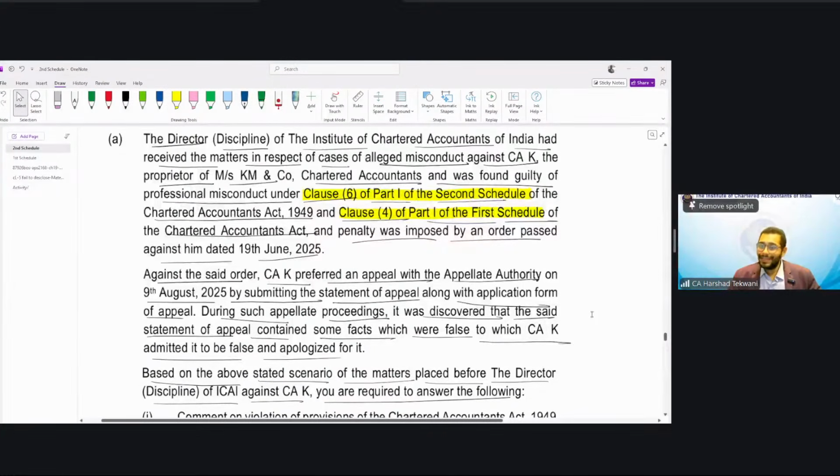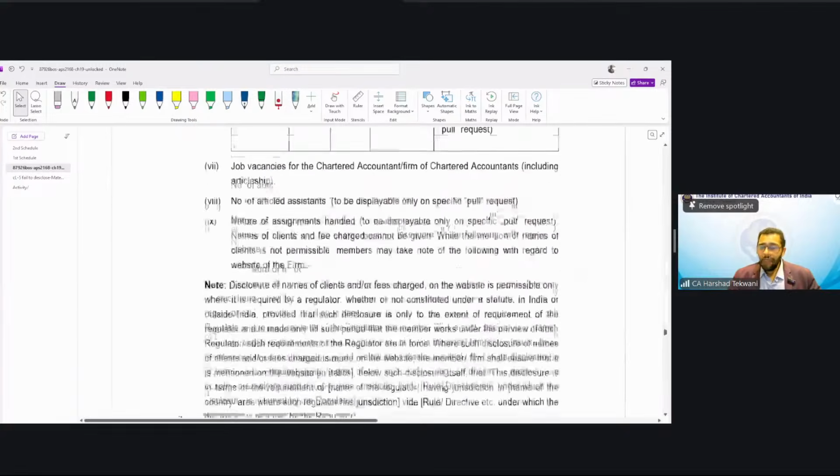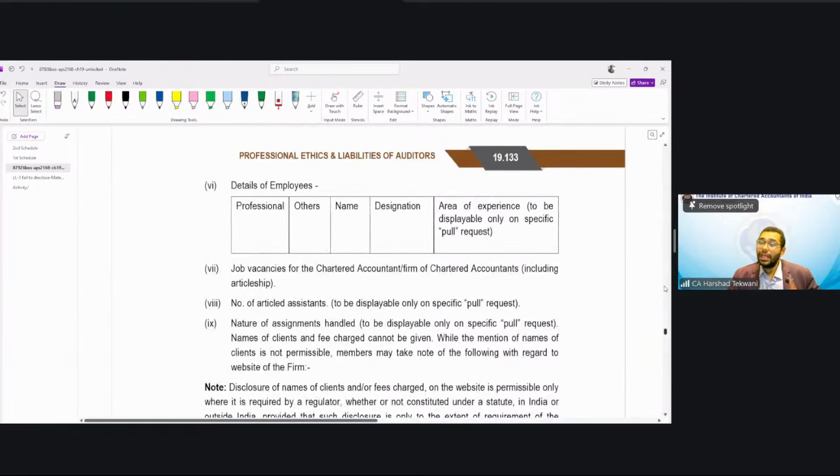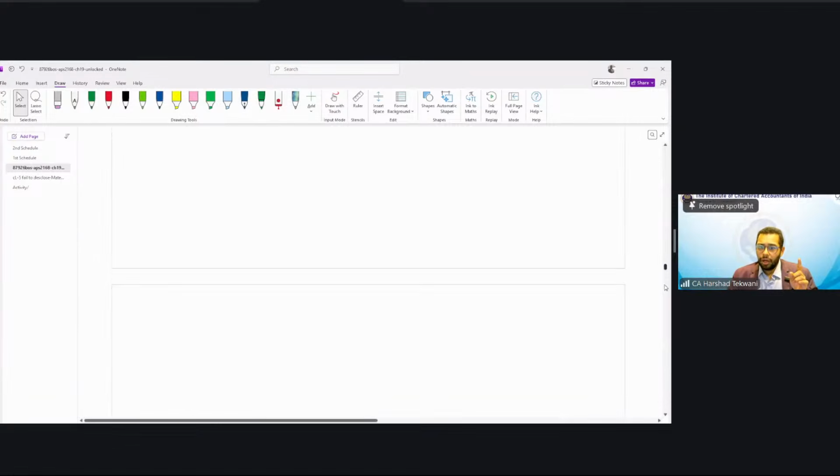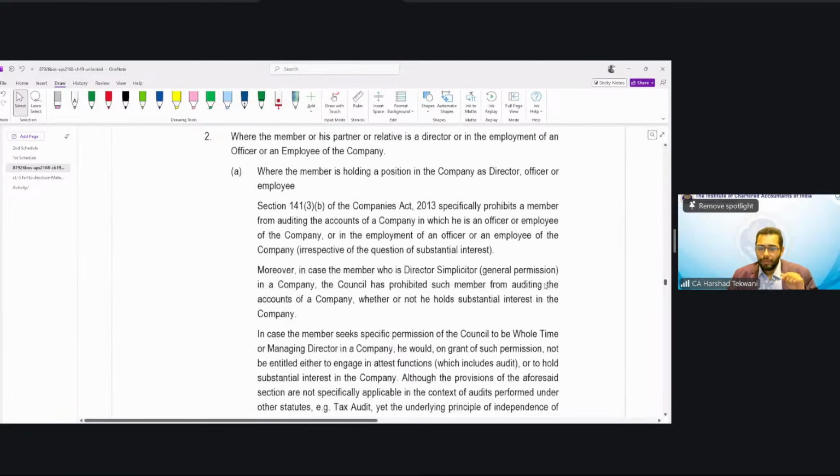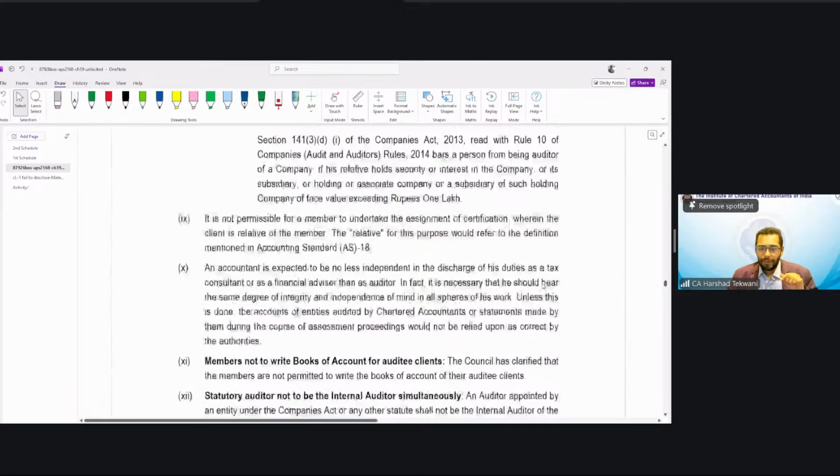I will apply basically Clause 3, Part 2 of the Second Schedule. Remember? So when we were discussing Clause 3, just a minute, let me go back to that particular table that we prepared.